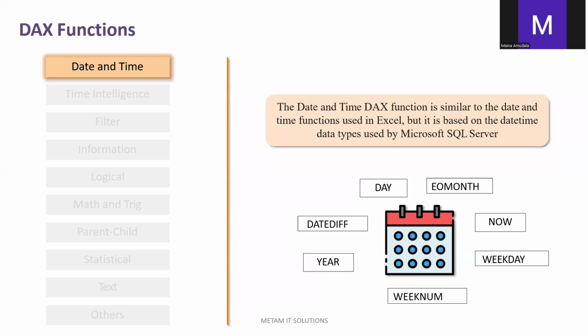WEEKDAY is used to calculate the weekday of this week, and WEEKNUM is calculated from the starting of the year. We can calculate the week number, weekday, and the year. YEAR gives the year of this date, or you can also calculate previous years by using the previous year function and DATEDIFF. These are the different types of time and date functions used in DAX.